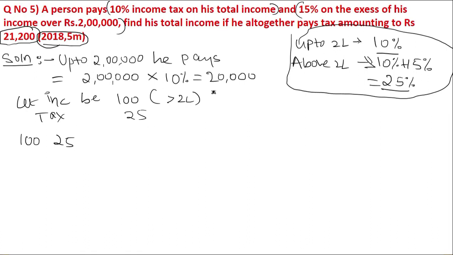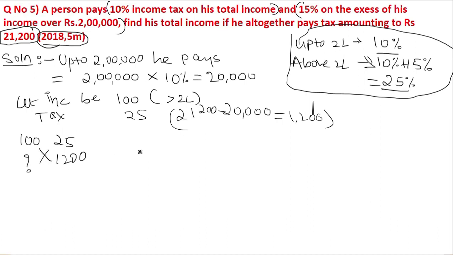Here how much is remaining? 21,200 minus 20,000. How much is remaining? 1,200 is remaining. Correct? So for 1,200, what is the income? Cross multiplication.